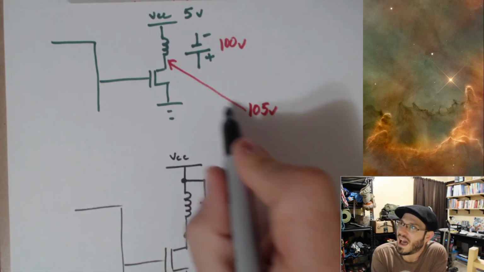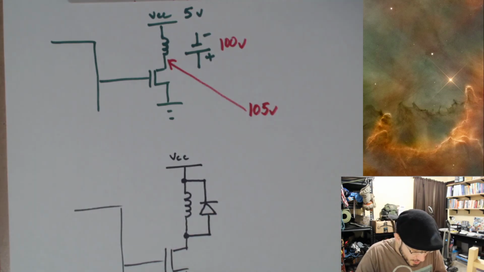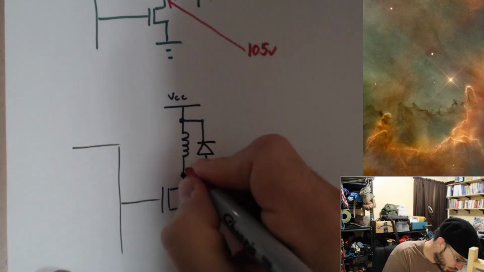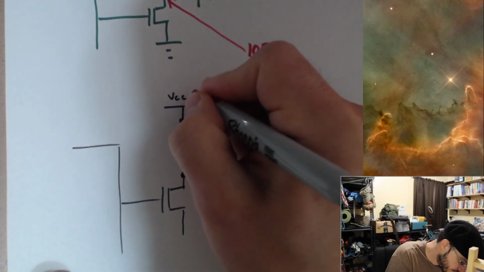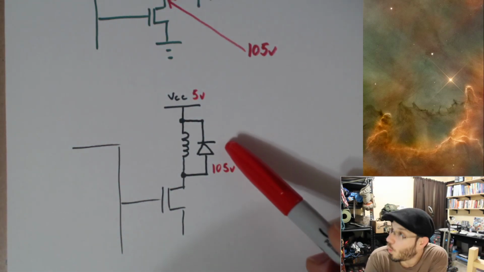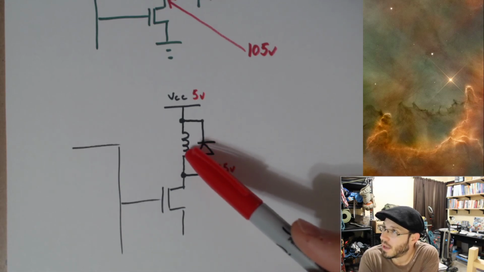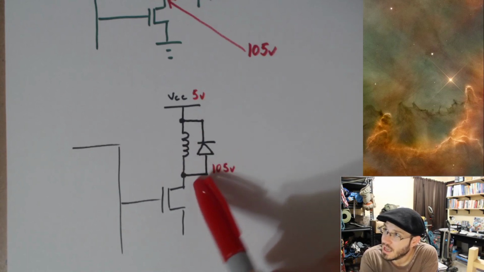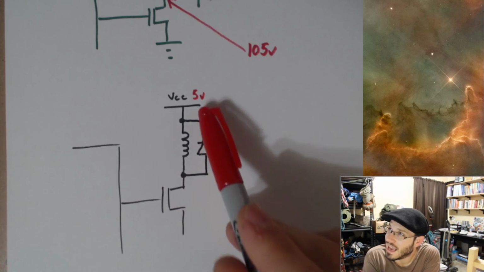But when we have the case of having 105 volts over here, notice what happens in this example. Whenever the induced voltage spikes unwantedly in this direction and we get 105 volts at this point, now this side is higher than this side.